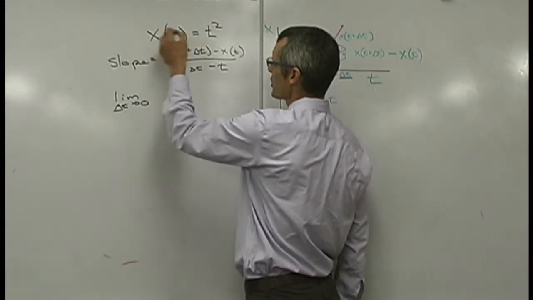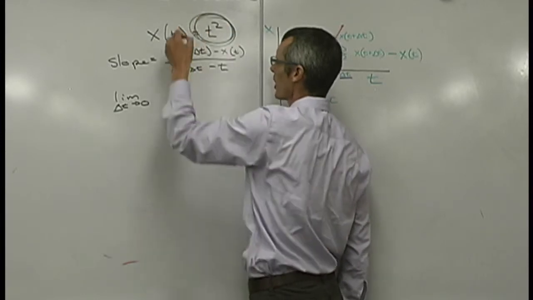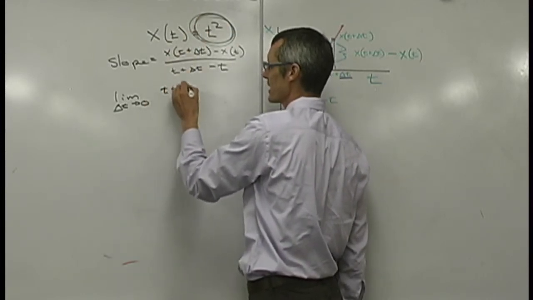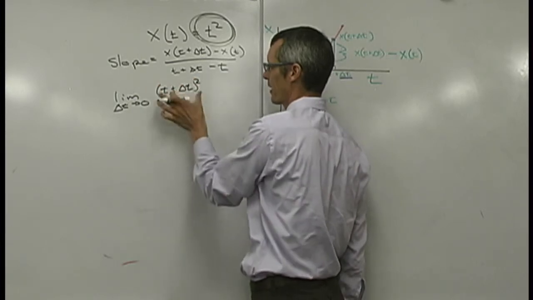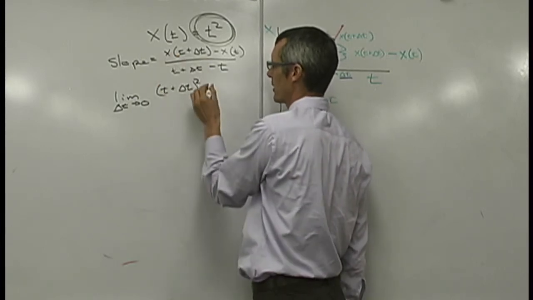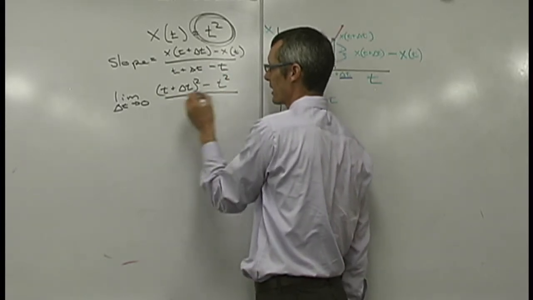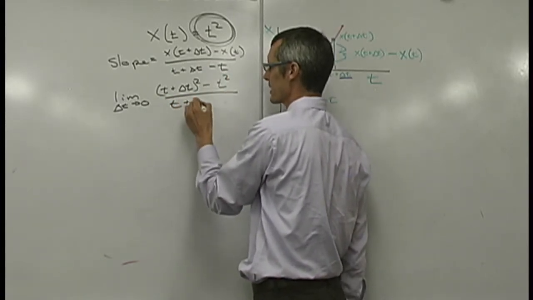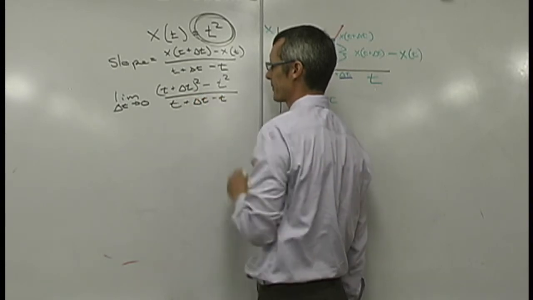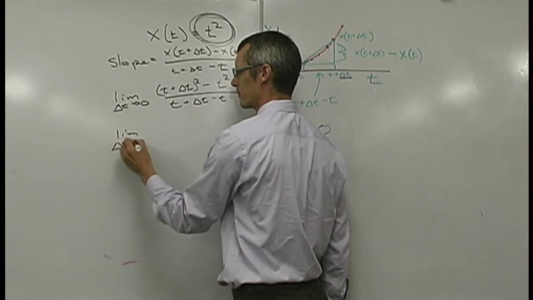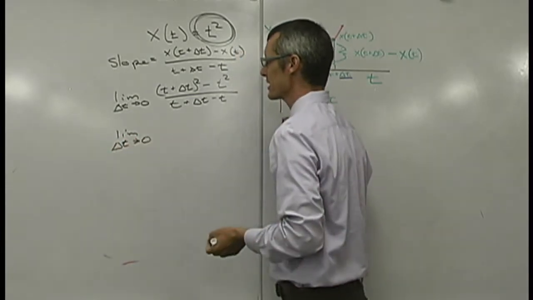So I'm going to go ahead and substitute in my actual function. So I have the limit as delta t goes to 0 of t plus delta t squared. That's this first function. Minus the second one, which is simply t squared, divided by t plus delta t minus t. So the limit as delta t goes to 0.